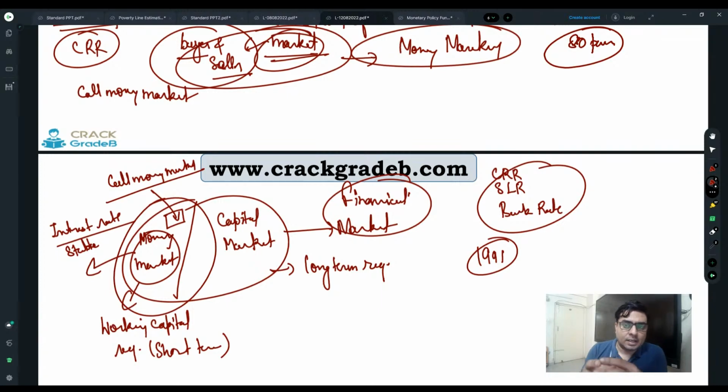But as the Indian economy is right now a kind of mixed economy where the private sector dominates, if any problem is going to happen there, it is directly going to impact whom? The public. And if the public is impacted, their demand and supply is impacted, then the entire economy will again be in trouble, right? So from 1990 onwards, the Reserve Bank of India found that we have to take care not just of companies, private or government, but also of the public.